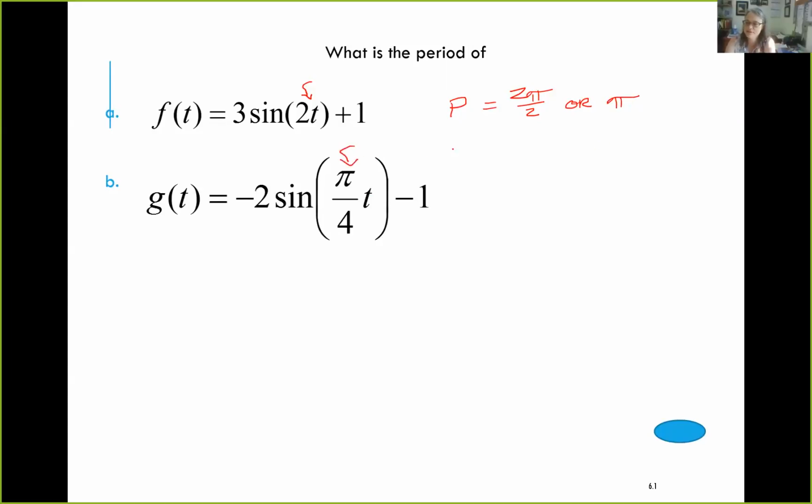What about this one? The period is 2 pi divided by pi over 4, or 8.